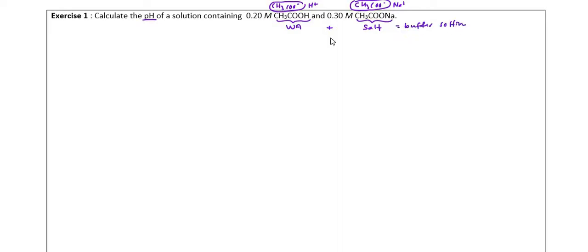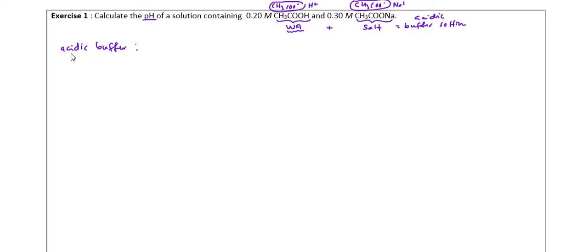This is acidic. Why do I say acidic? Because it is mixed with a weak acid. If you detect that this solution is an acidic buffer, that means you have to use the Henderson-Hasselbalch equation. As we learned, you have two types of Henderson-Hasselbalch equation, either pH or pOH.